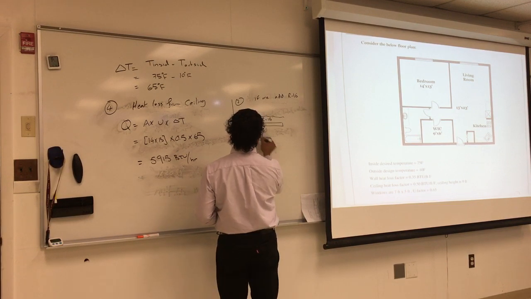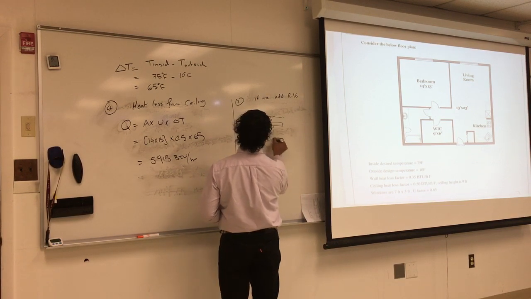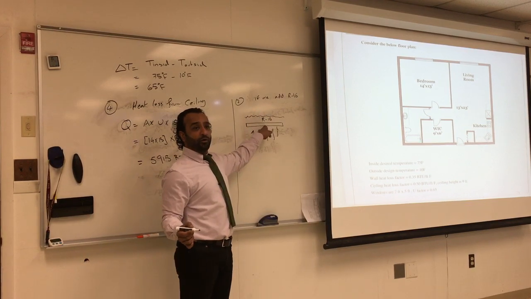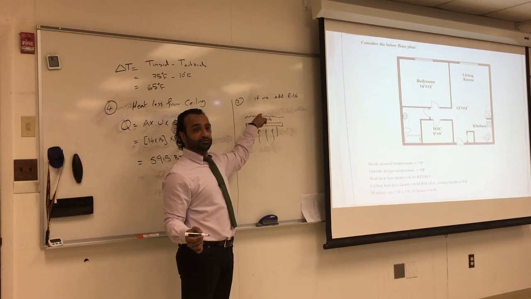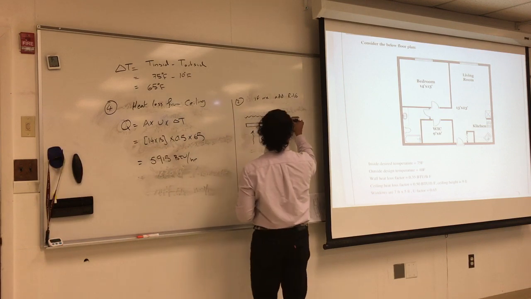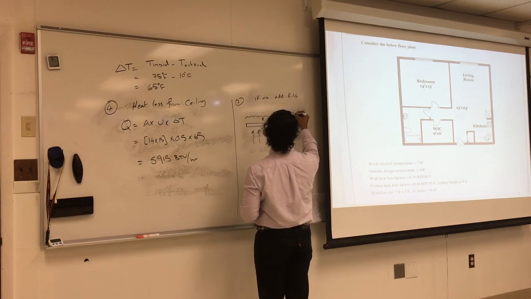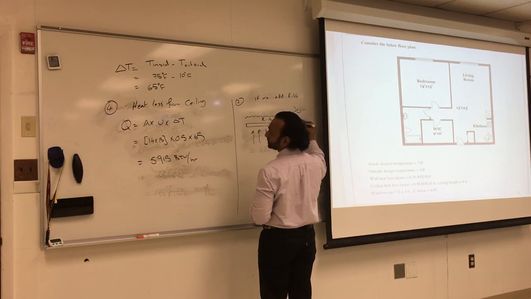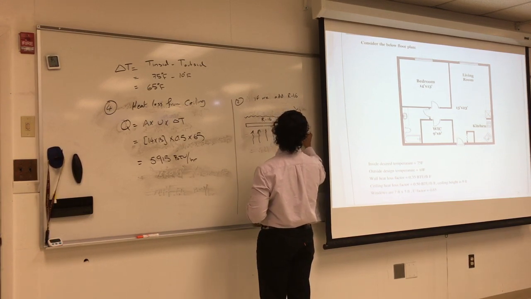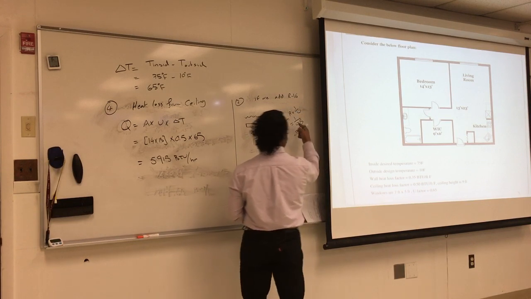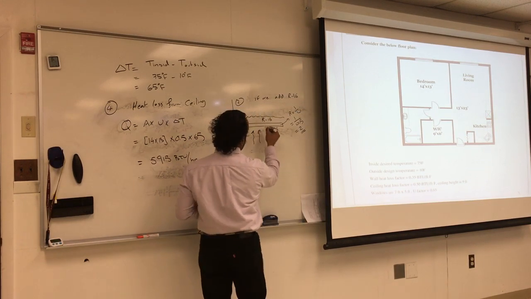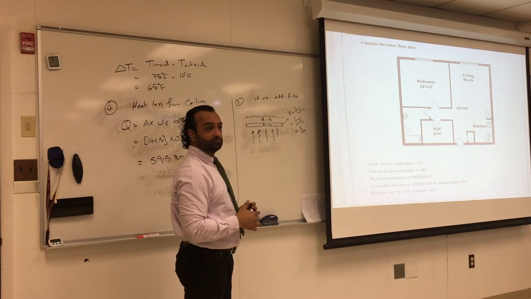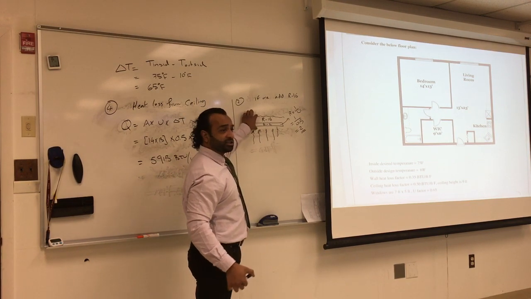This is the heat coming up. I want to find the R value for the ceiling, so I can add the two R's together. R is equal to 1 over U, which equals 1 over 0.5, which equals 2. So now here I have R2. What is my total resistance now? 18.